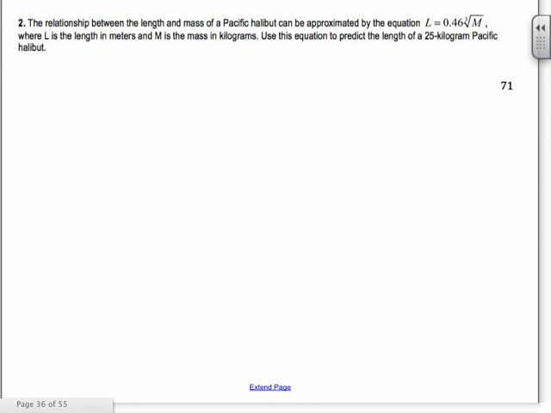Okay, 2, the relationship between the length and mass of a Pacific halibut can be approximated by the equation L equals 0.46 times the cube root of m, where L is the length in meters and m is the mass in kilograms. Use this equation to predict the length of a 25 kilogram, so m equals 25 halibut.